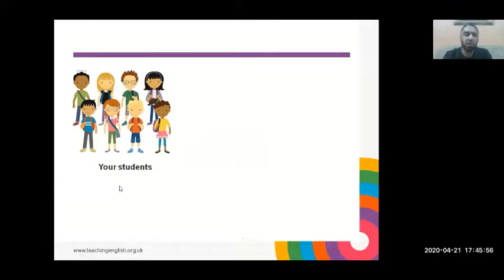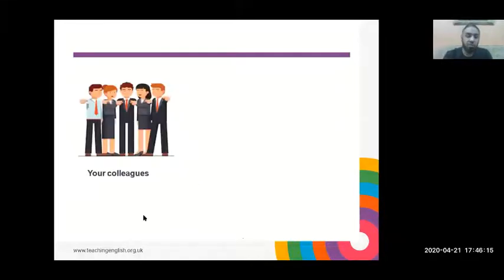Okay, about your students, how can you reflect with your students? Through student dialogues, speaking with the students, and through student feedback. Some of the students will tell you, yes, mister, I didn't understand this point. Would you reteach it again? And for your colleagues, you can let them observe you inside the class while doing a lesson, or shared planning, to plan the lesson together.